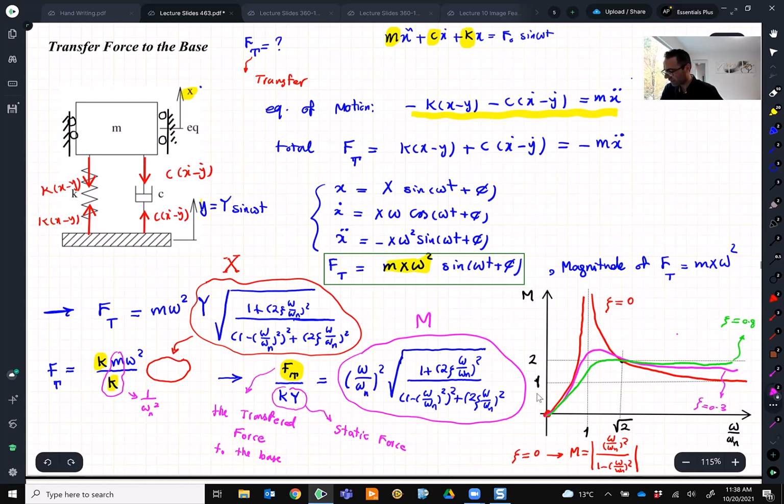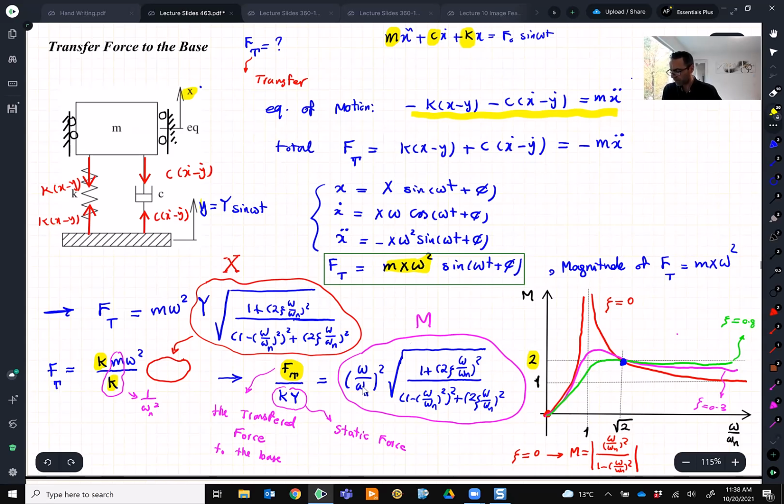But again, as I said, you can check the computer code, MATLAB code, and you can plot them. Right? Now it's better, right? So at the square root of 2, we always get a magnification factor of 2.